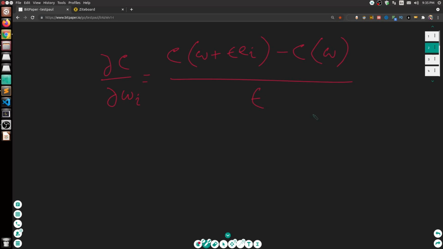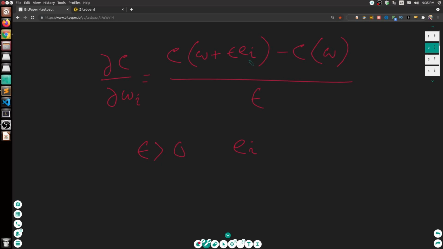So here this symbol epsilon is a small amount greater than 0, and Ei, this term here, is the unit vector in the ith direction.